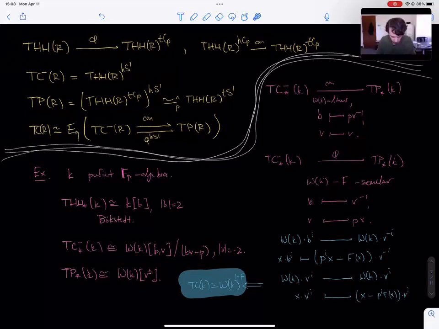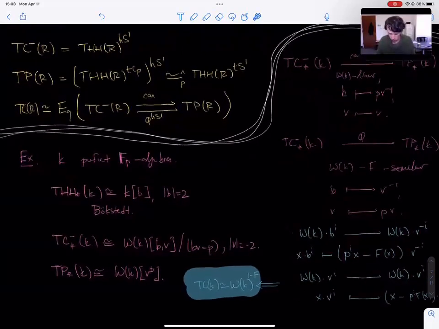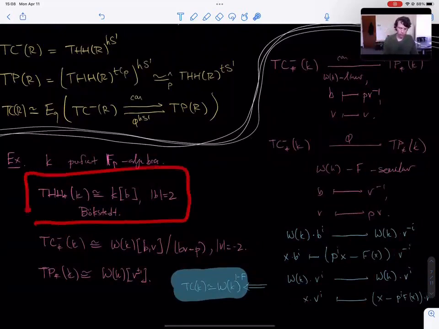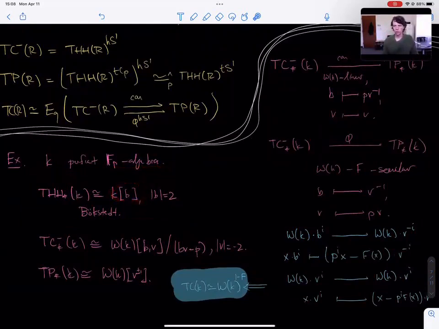So I run through on this page just how this looks for FP itself, or for K, I guess, a perfect FP algebra. So first of all, the homotopy ring of THH is a polynomial ring on a degree 2 generator. It follows that the homotopy S1 spectral sequence has to degenerate for degree reasons, because there's just nothing in any odd degree to receive a differential.